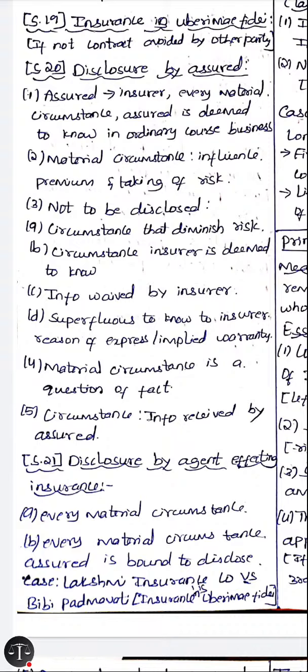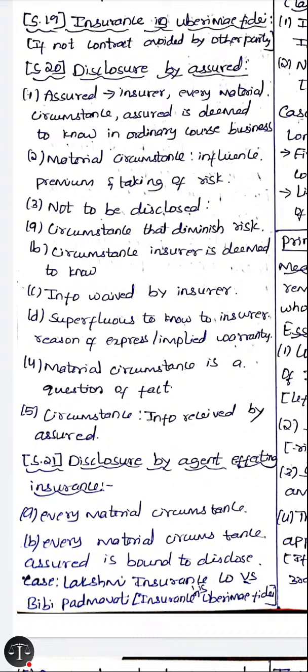So what are the things that the agent should disclose to the insured? The agent should disclose every material circumstance to the insured, to the person who is taking the insurance. And the agent should disclose every material circumstance that the assured is bound to disclose. So he should tell the assured the things that he needs to tell.